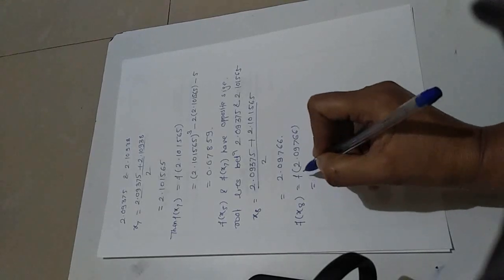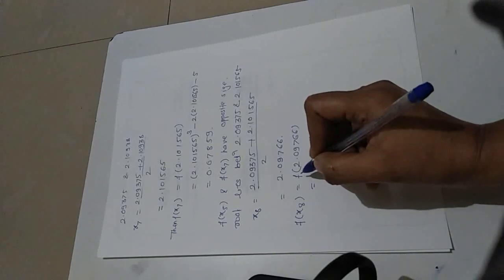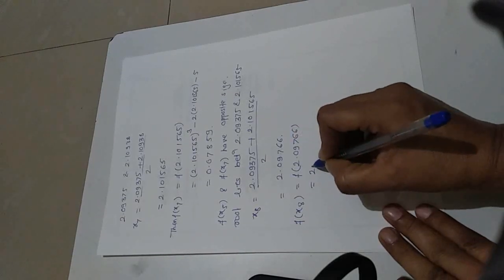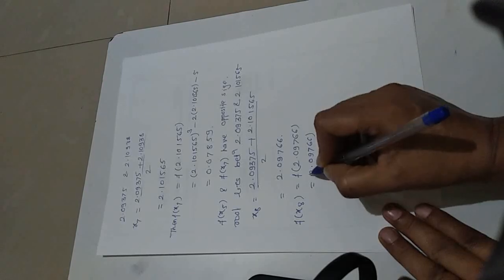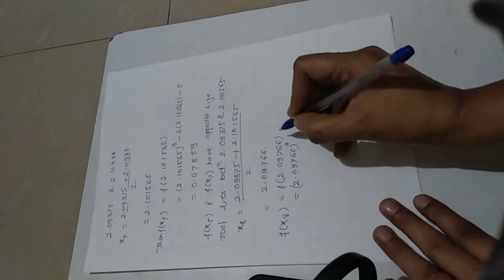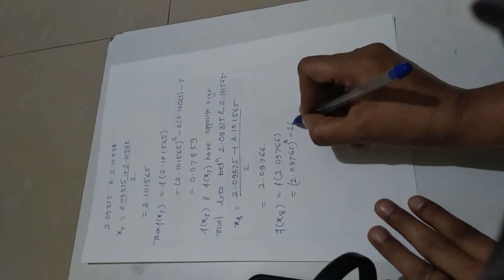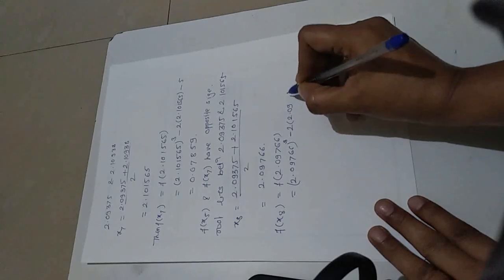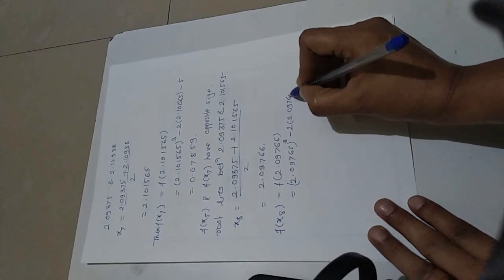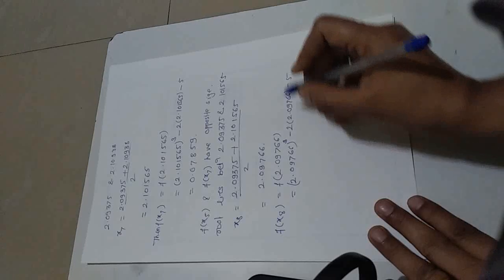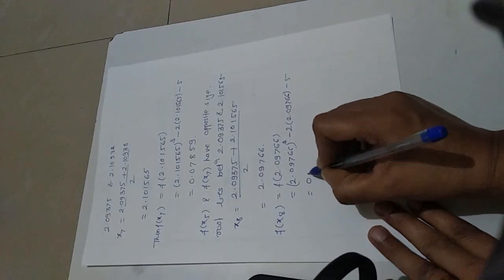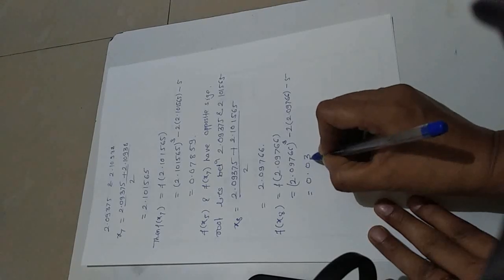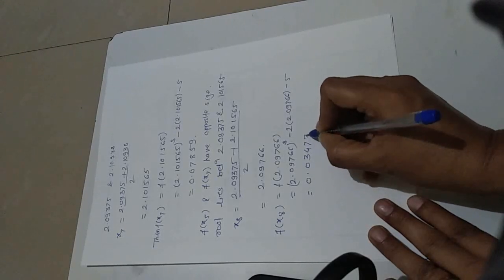2.09766, and that is equal to 2.09766 raised to the power 3 minus 2 into 2.09766 minus 5, and after calculation the value is 0.03473.